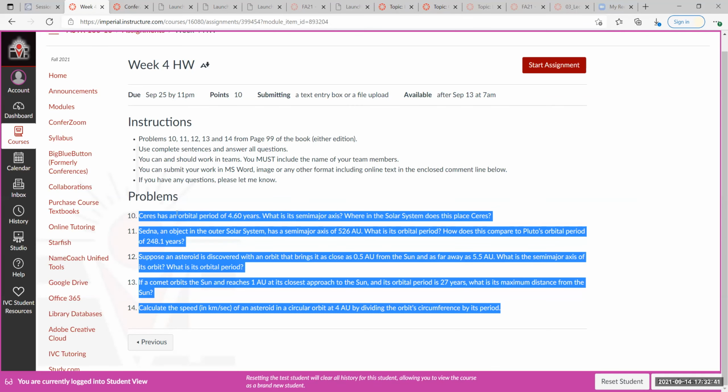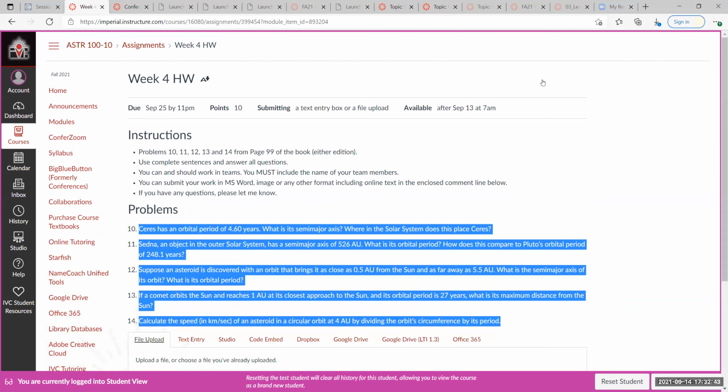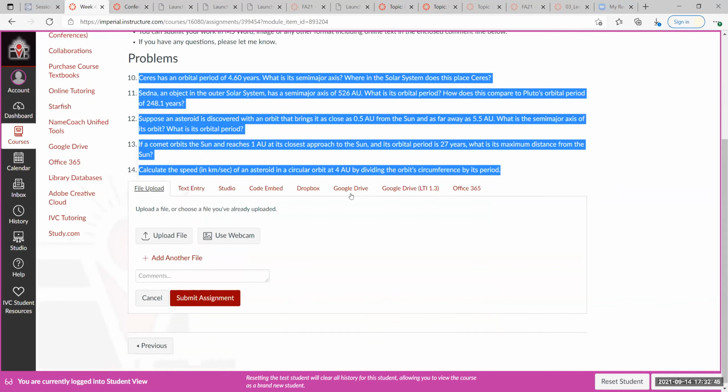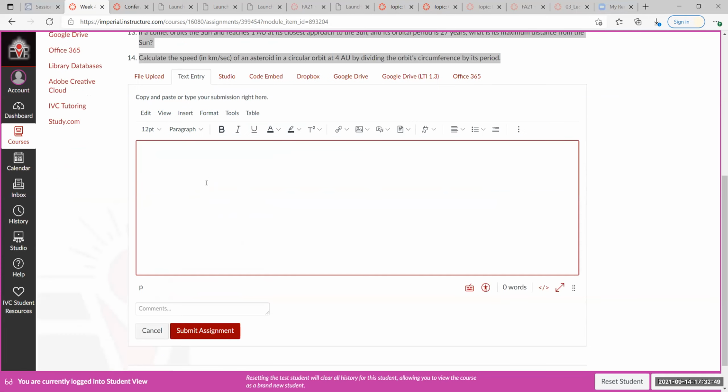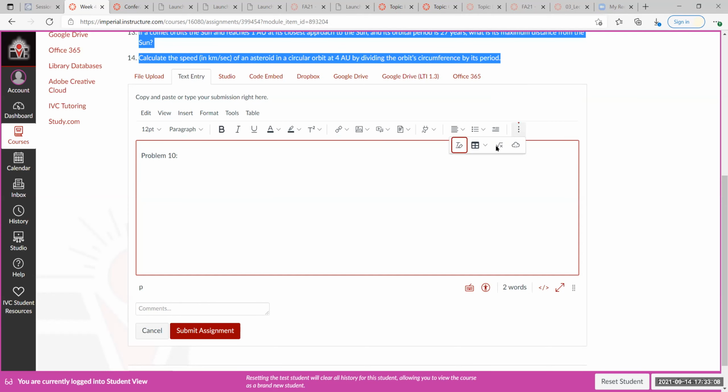Those are the problems. If I start the assignment right now, it gives me 2 options for submitting my assignment. I can do it in here, under text entry. But if I do that, I have to really be specific. I'm going to say problem 10 and start answering in there, okay? Remember, it's complete sentences. So if I need a math equation, I can go to this ellipsis, click on it, and one of the options is insert math equation.